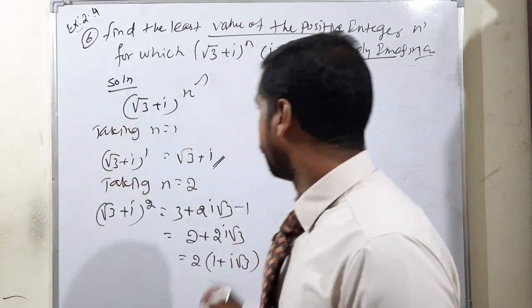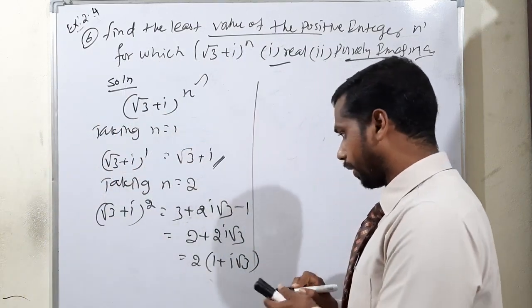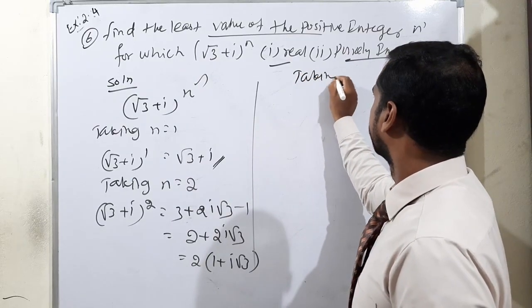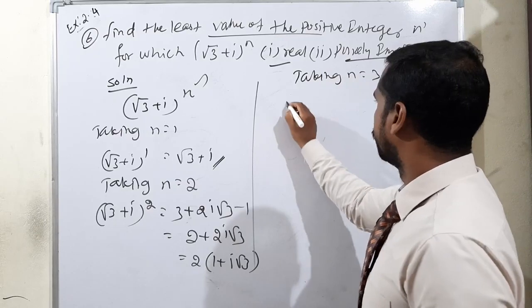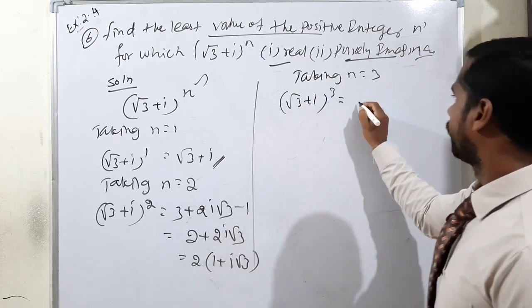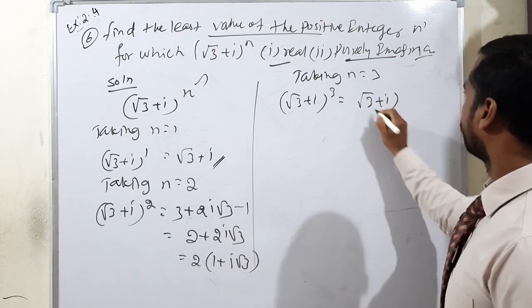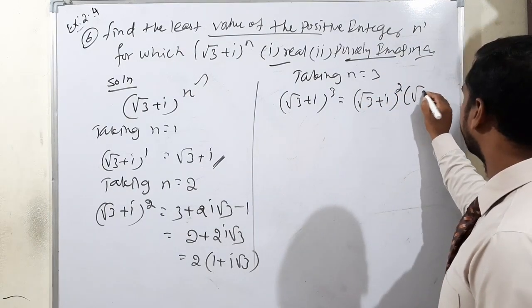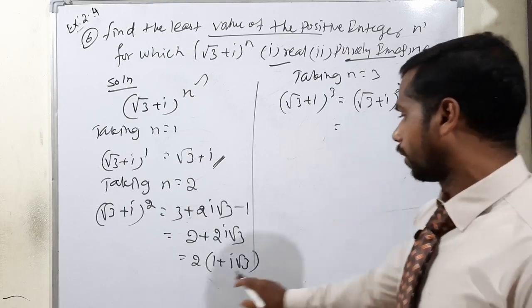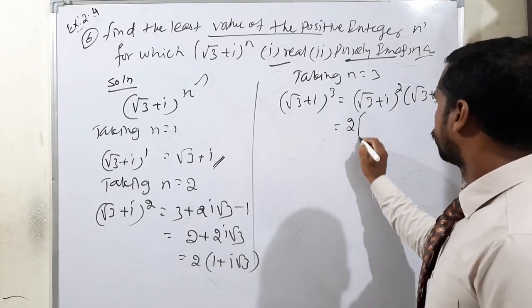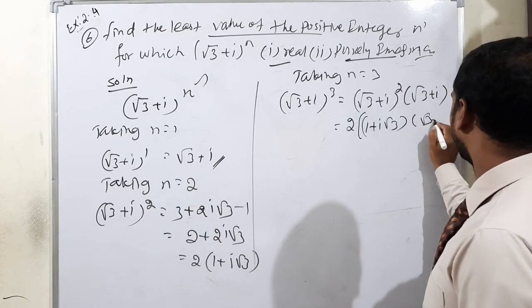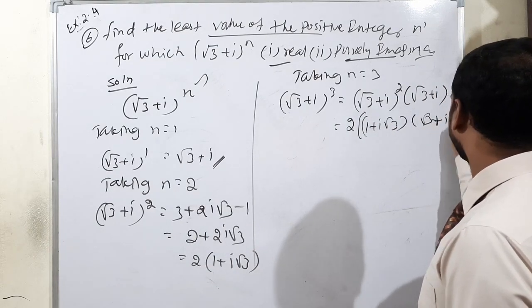Okay, I am moving to n equal to 3. (√3 + i)^3. We can split it into (√3 + i)^2 times (√3 + i). Already we found (√3 + i)^2, which is 2(1 + i√3), into (√3 + i).